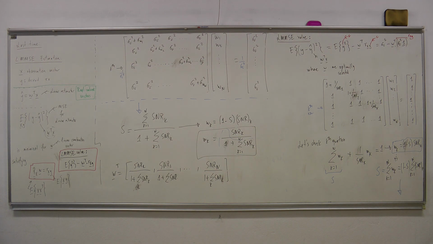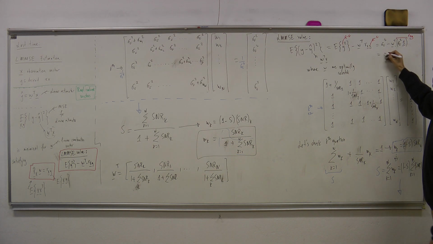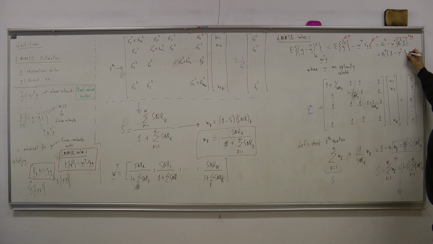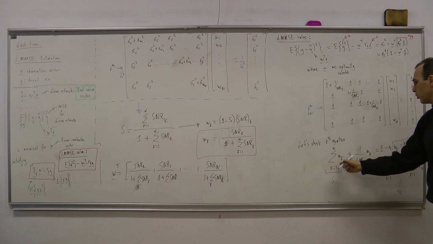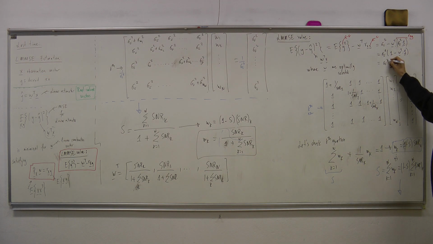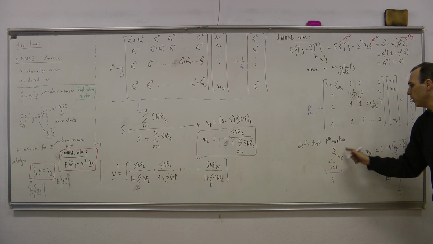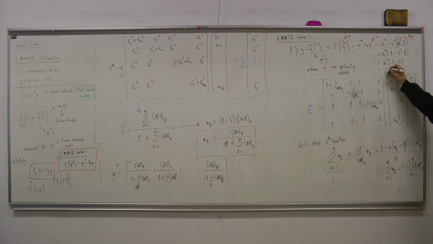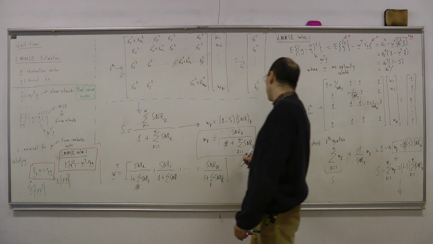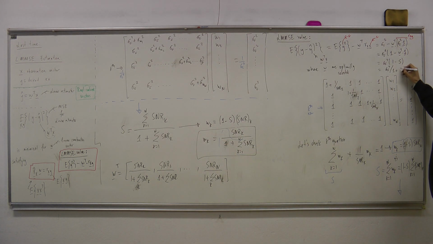Now if I do this, it is simply sigma c squared times (1 minus W transpose times 1). But W transpose times 1 is just the weight sum, which is S. So this is sigma c squared times (1 minus S). Because I have calculated 1 minus S over here, it is 1 over the summation of all SNRs.